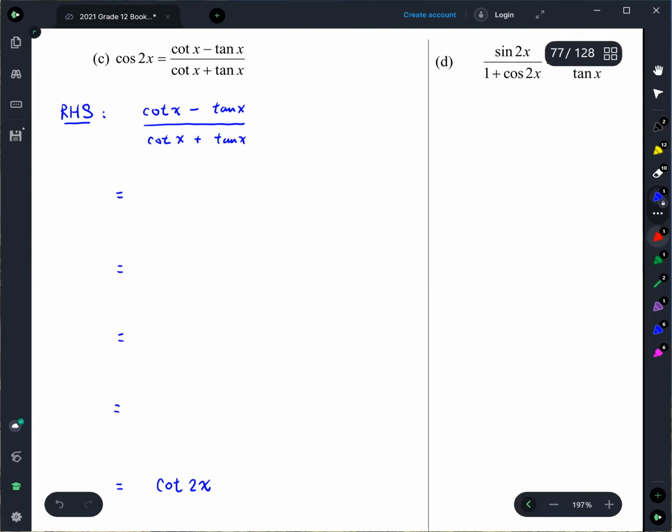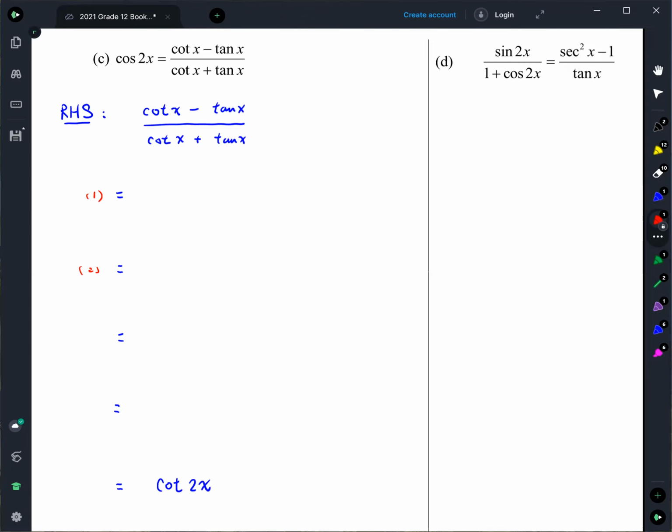Okay, let's number the steps: first step, second step. I don't know how many steps it will take, I'm just writing out the numbers.